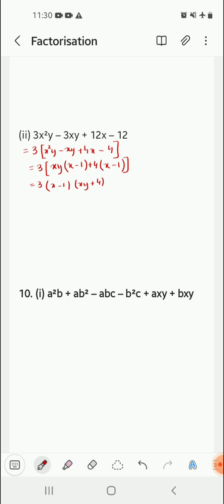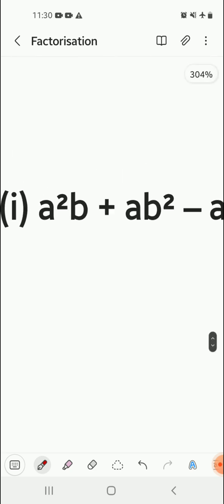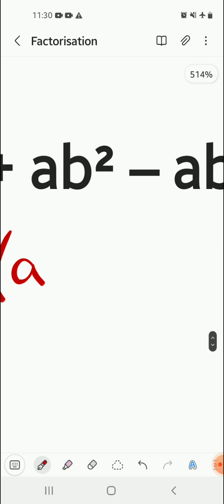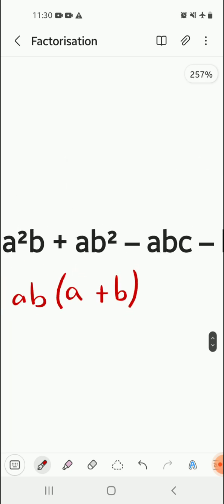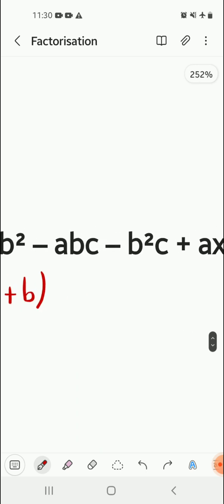Okay. So over here, try and find the factors. First two, if we take, the common factor over here is definitely a and b both. So here we are left with a and here with b. So this is sorted. We'll move to the next one, minus abc and minus b square c.